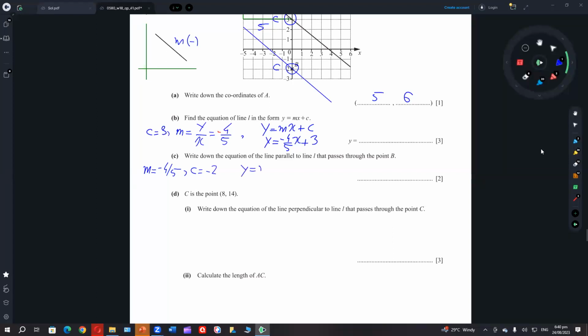Equation is y is equal to mx plus c. Now, this is the equation.